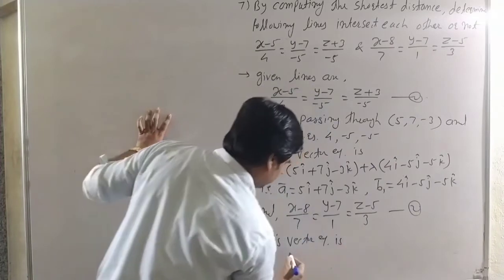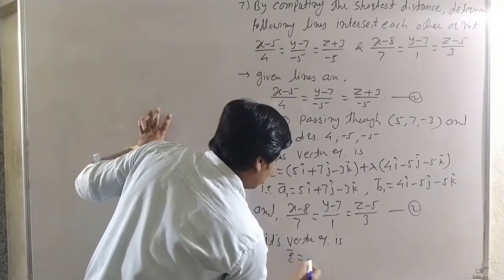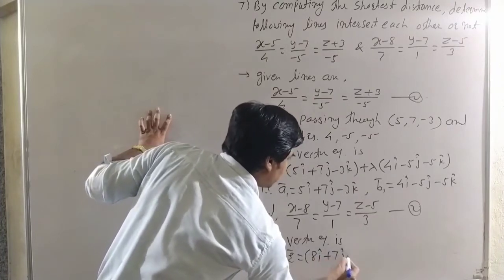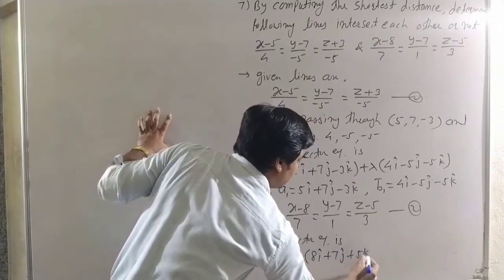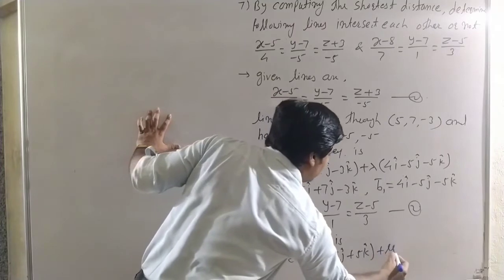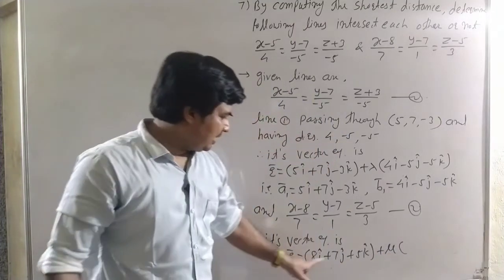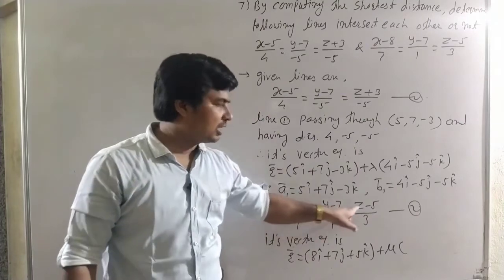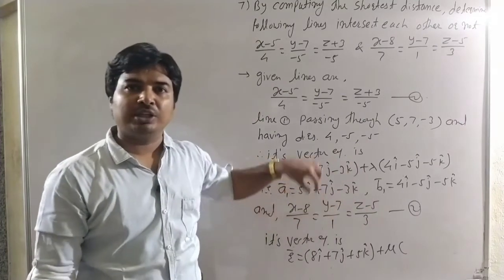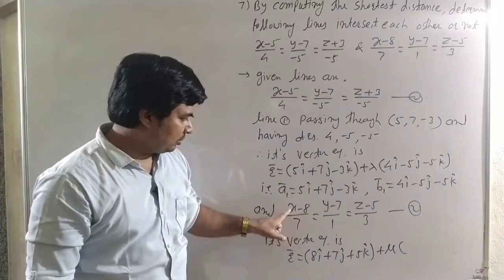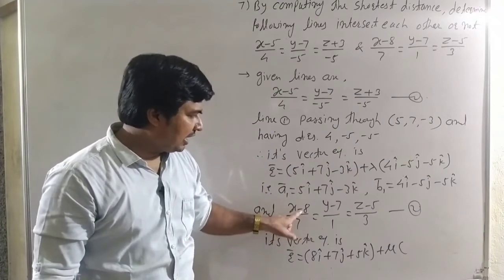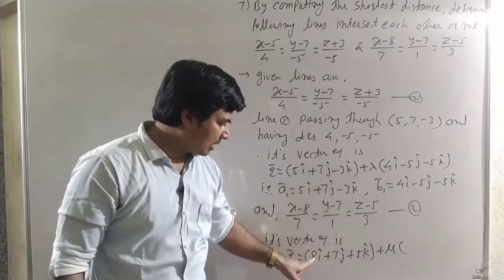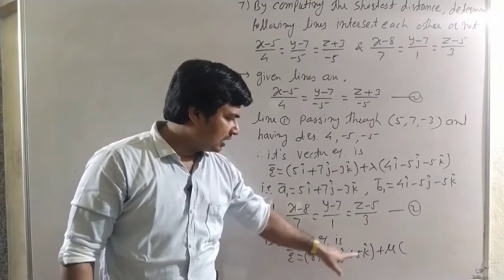It is r bar = 8i cap + 7j cap + 5k cap + mu (...). The line passes through the point (x1, y1, z1), so x1 is 8, y1 is 7 and z1 is 5. That is a bar, it is 8i cap + 7j cap + 5k cap.